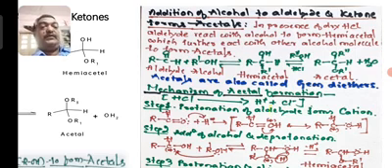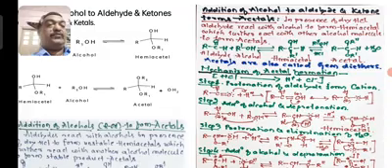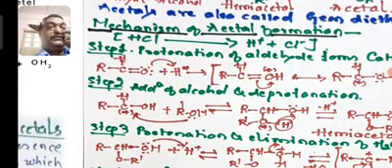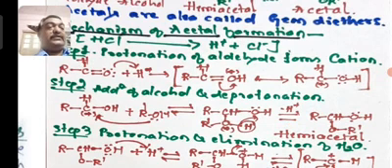In the second step, the alcohol molecule adds up to give a product of this kind, RCHOH with R1 on the oxygen and H. The proton will be eliminated, whereby the hemiacetal, RCH(OH)OR', will form.